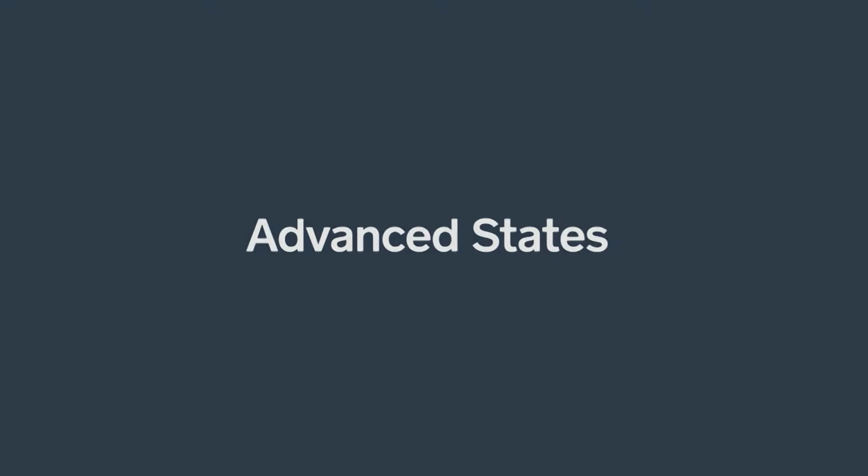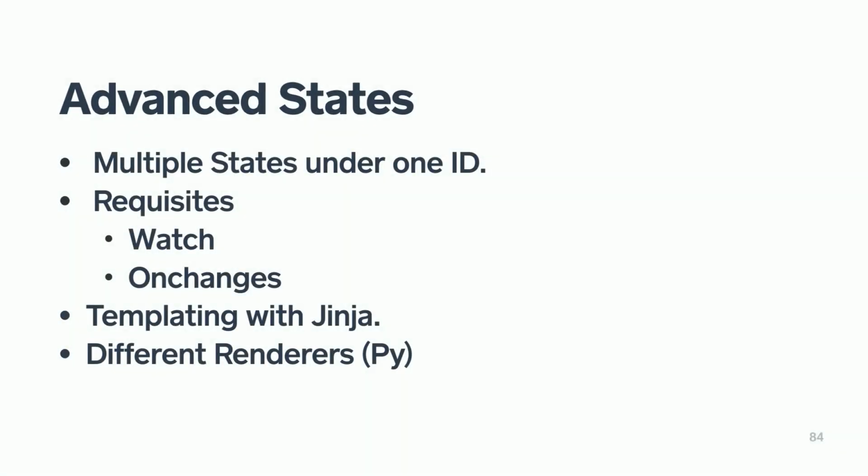All right, so let's look at some more advanced states, because just writing a single file with a couple lines inside of it is probably not what you're going to be doing to a lot of machines, possibly, but we'll look at some more advanced tactics here. So for advanced states, the first thing we'll look at is specifying multiple states under the same ID. Then we're going to take a look at requisites.